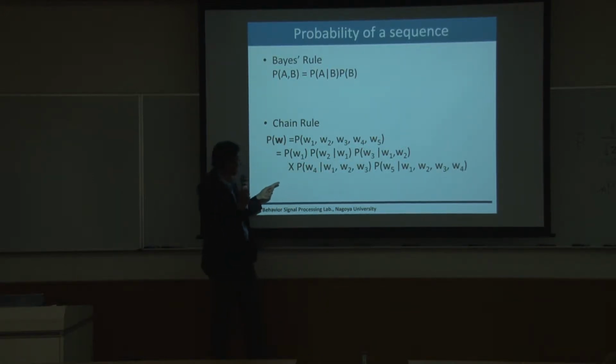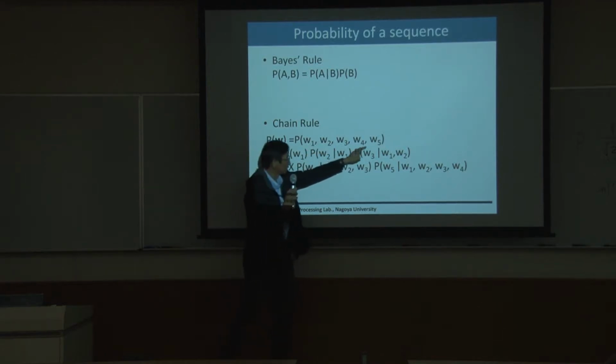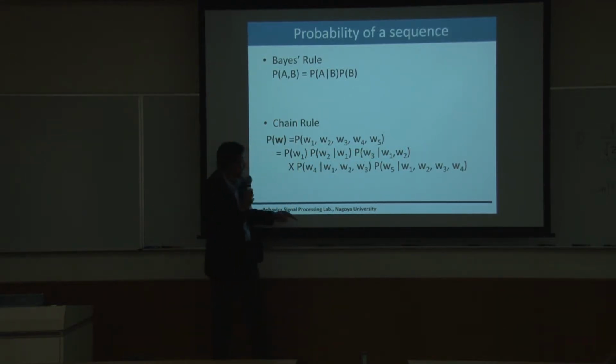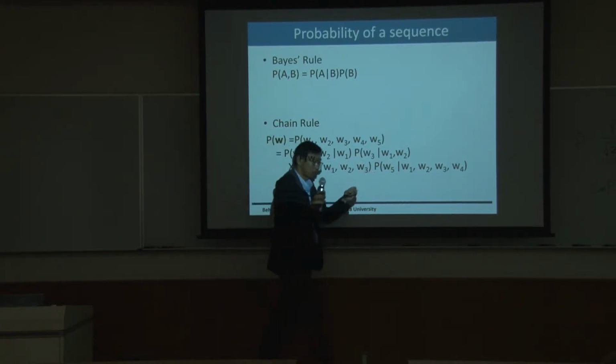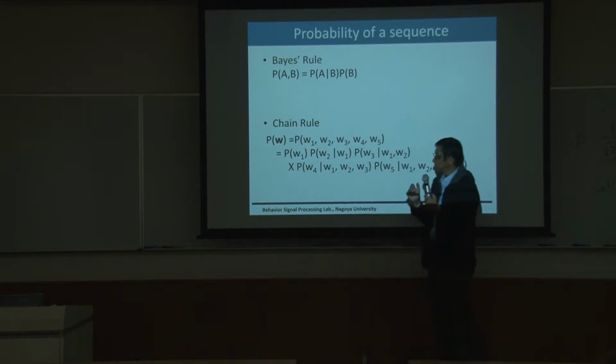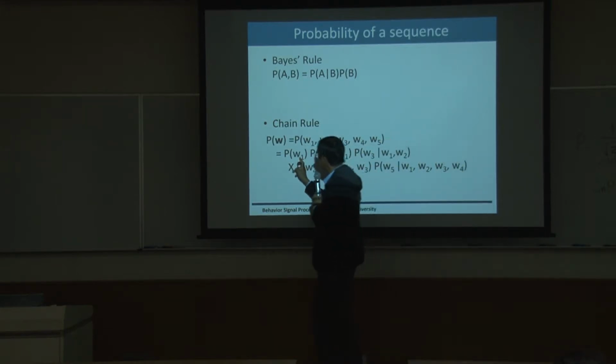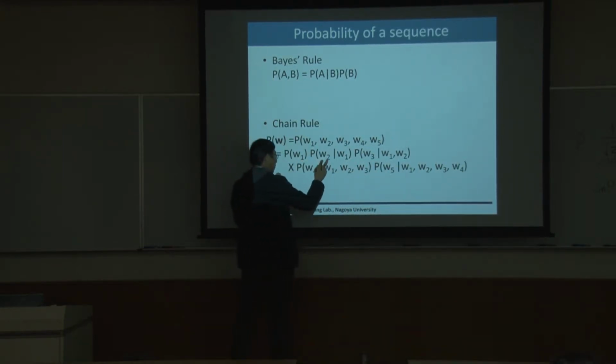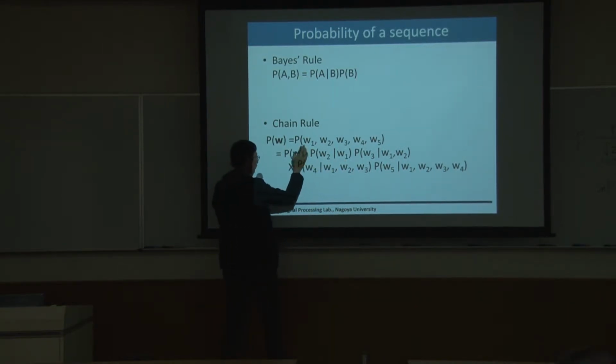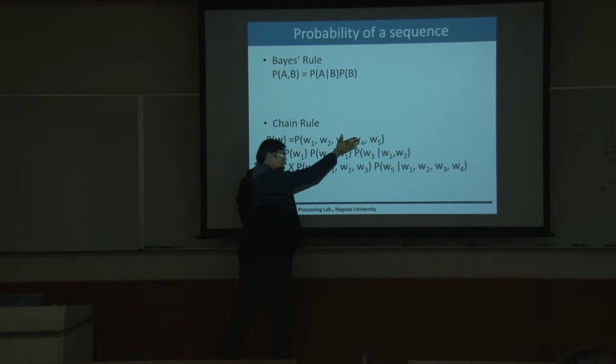Then you can calculate this 5-word sequence joint probability by the product of 5 terms. The first term is W1, and the second term is W2 given W1. So the product of these gives you W1, W2, right?